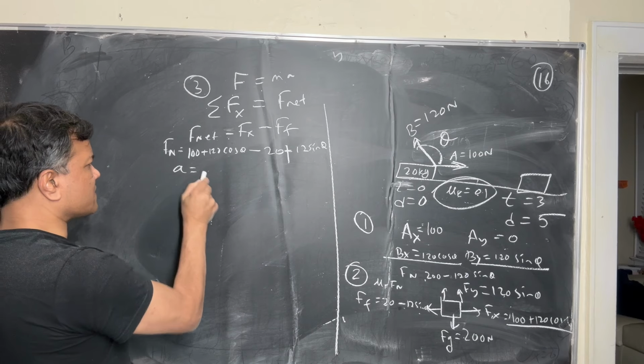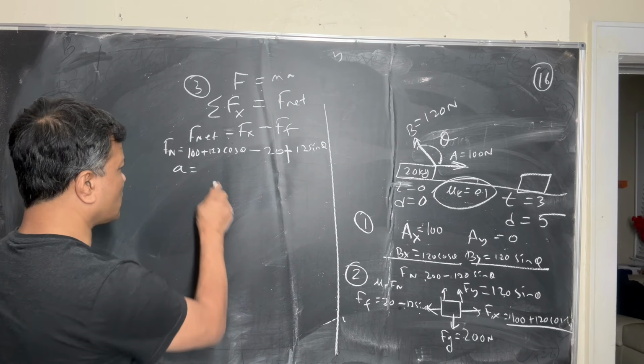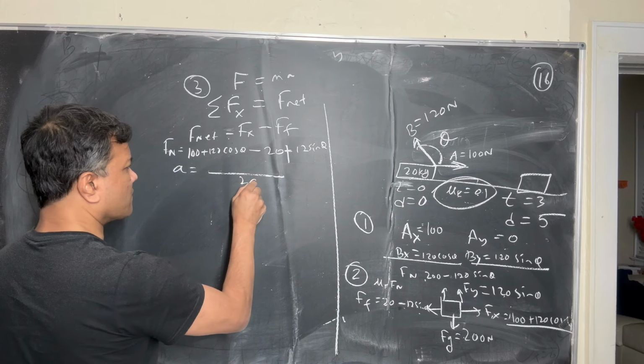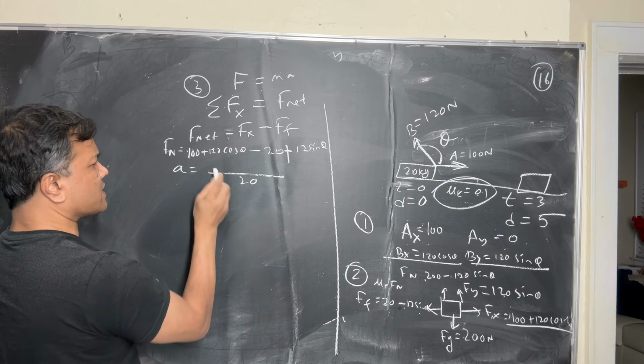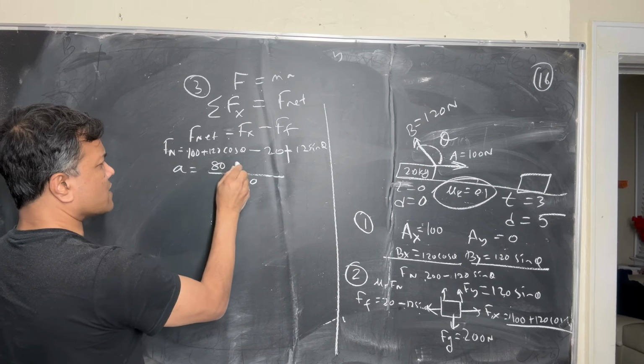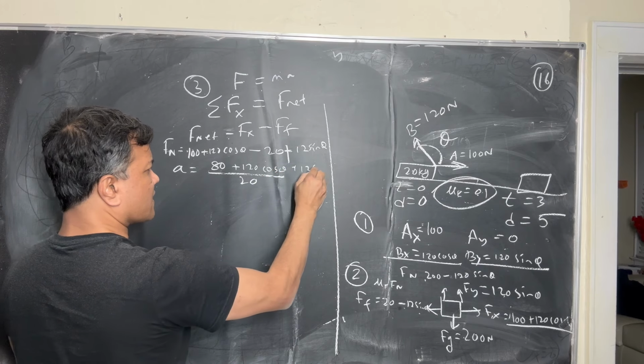So acceleration is F net over what? Mass. Mass is 20. F net is 100 minus 20, which is 80, plus 120 cosine theta, plus 12 sine theta.